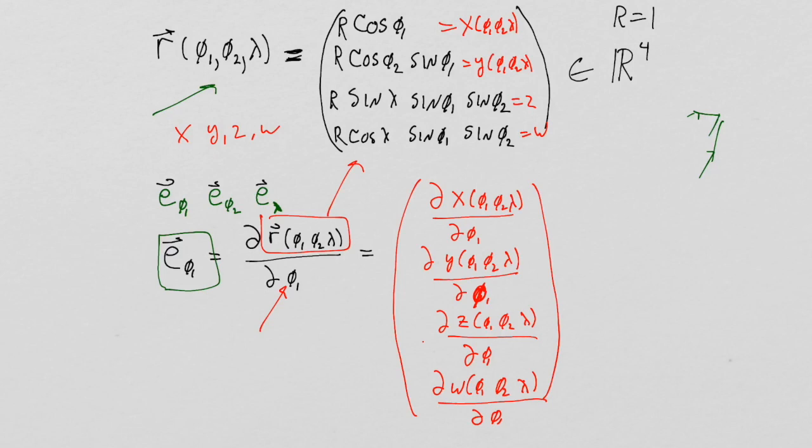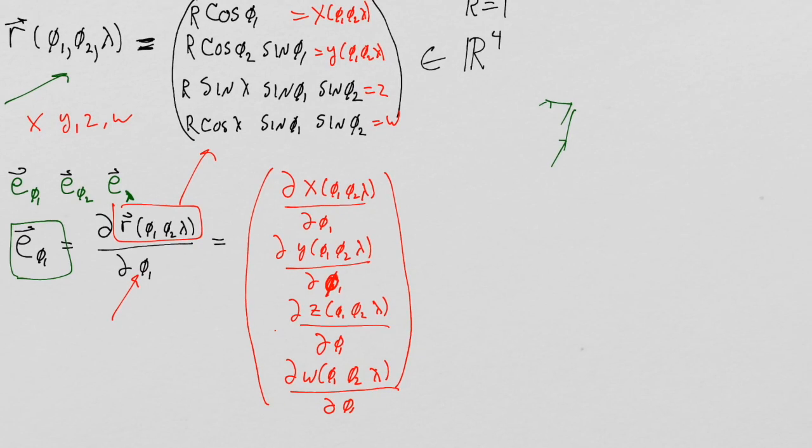But now, to make connection with what we have done, this could also be better interpreted and probably is more correct. Well, it's a little more error-free if you write this as partial x, partial phi 1, then I'll write x, phi 1, phi 2, lambda, times the basis vector in the Euclidean space, which in the coordinate basis is going to be partial x, right?